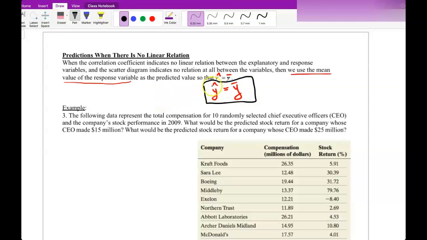So when there is no linear relation, we're going to use the mean instead. So the mean of the response variable as the predicted value. So this is the predicted value. And here this one is the mean of the response.